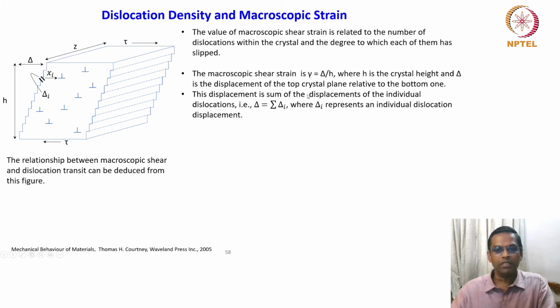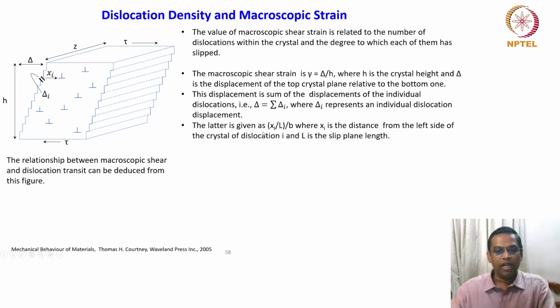This displacement is the sum of the displacements of individual dislocations, that is, delta is equal to the summation over delta i, where delta i represents an individual dislocation displacement. Very important. It also gives a perspective on why we study the dislocation nature in terms of what material response it produces.